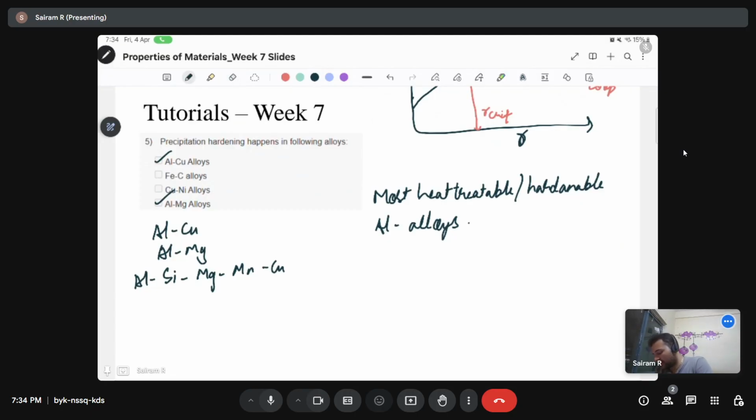Even the duralumin composition shows it. There is a very interesting story behind how scientists figured out that aluminum undergoes precipitation hardening.